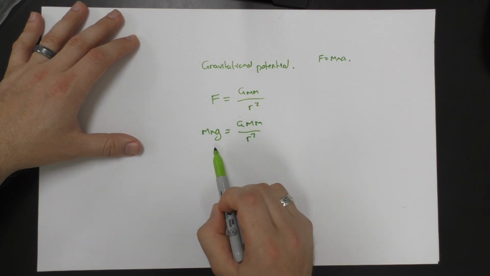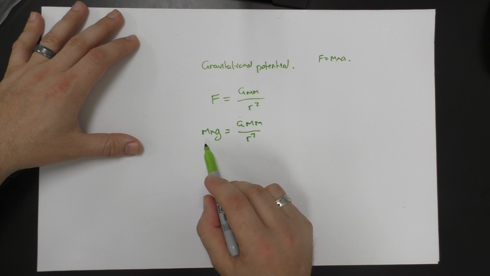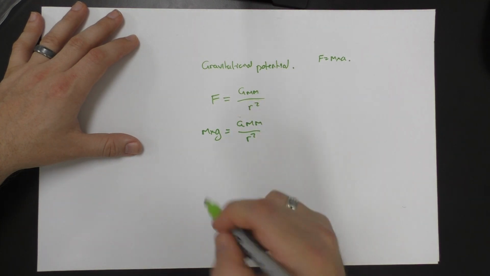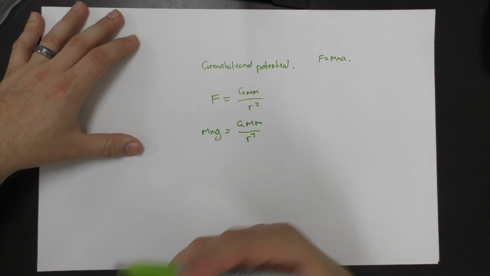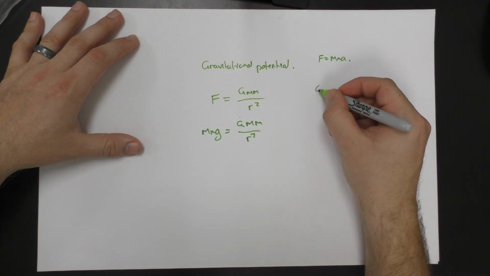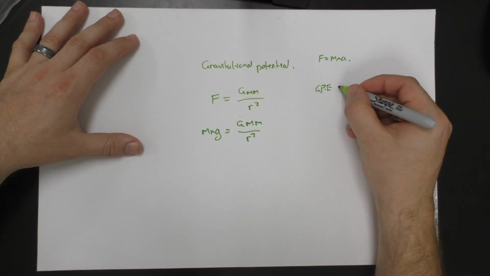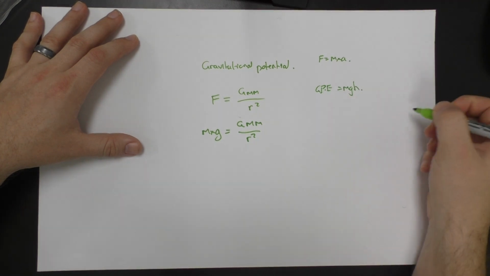And what's quite nice about this is we can then actually say, well, what is potential energy in a field? Well, we have the classic GCSE term that GPE is equal to mgh.